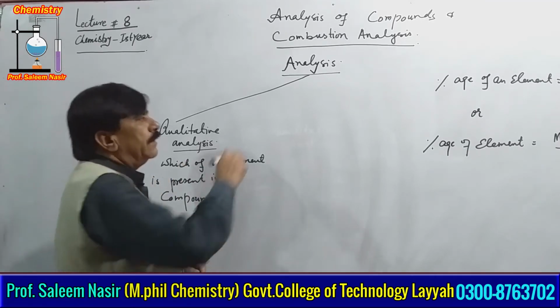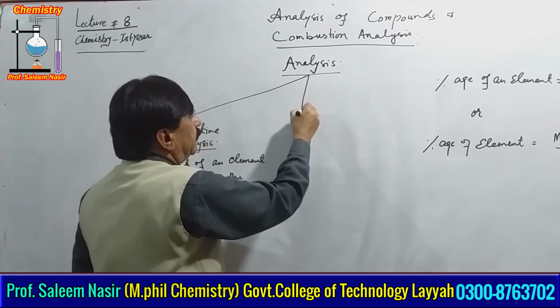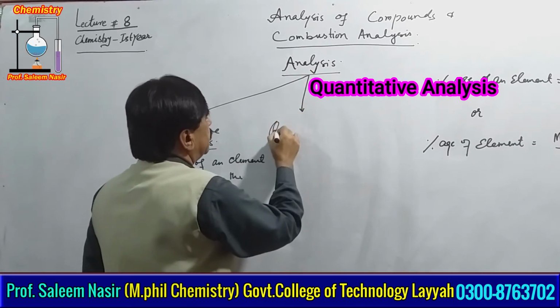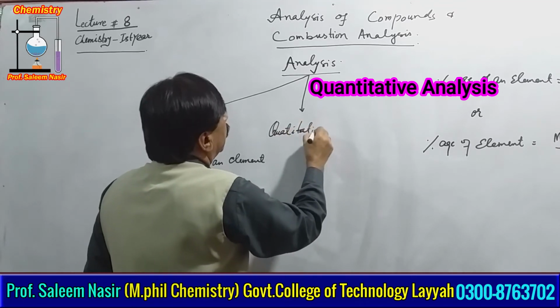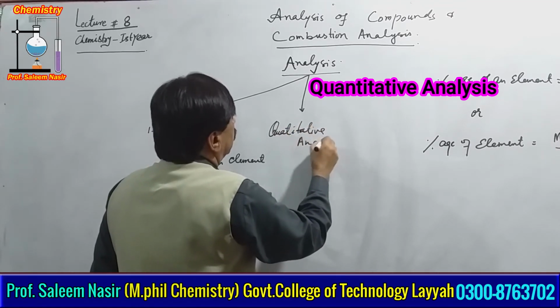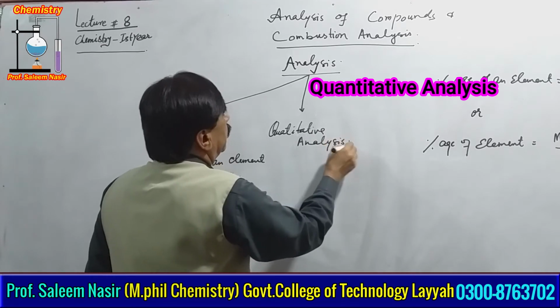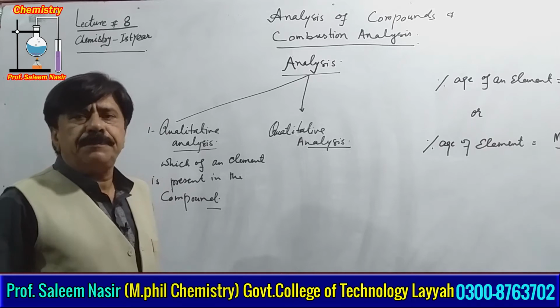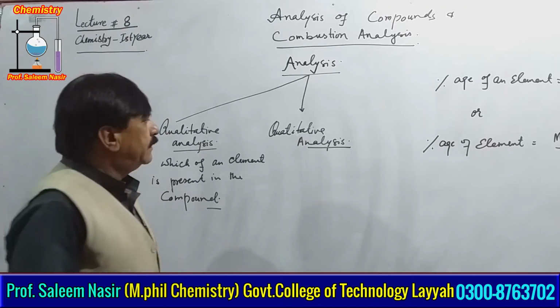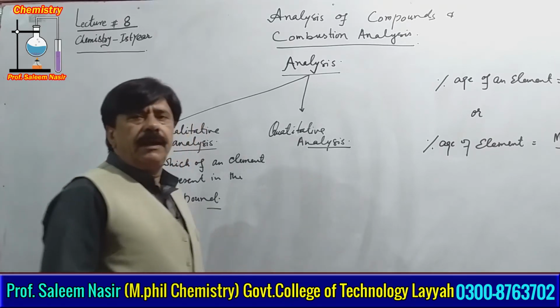And the other step is quantitative analysis. The chemist takes the second step for the analysis, which is the quantity of the element.